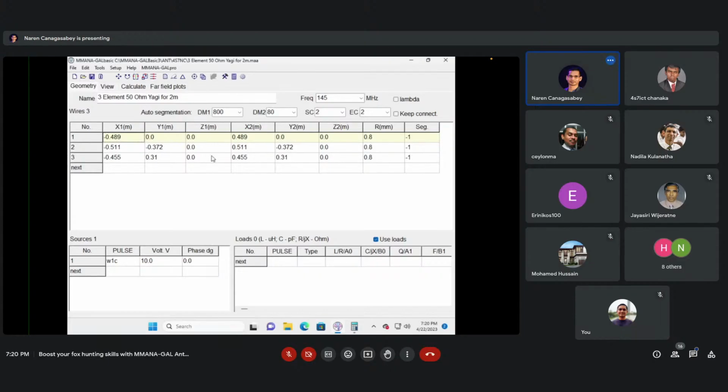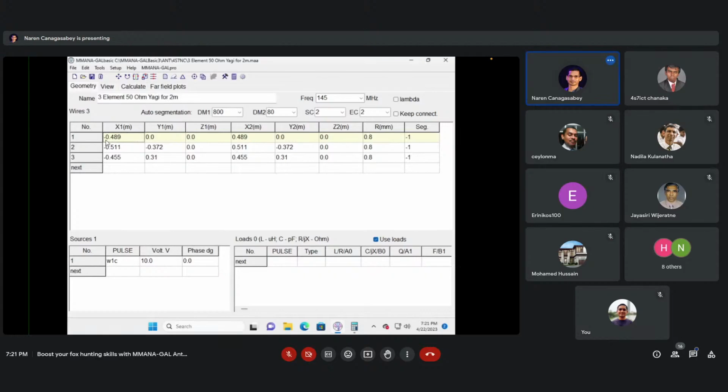I have made a small error in the PowerPoint. The driven element, 300 divided by frequency in megahertz into 0.473, is the length of the entire element. My apologies. It's the same for the reflector and for the director. So 300 divided by 145 into 0.473 gives you 0.978, and if you divide that by 2, you get 0.489.